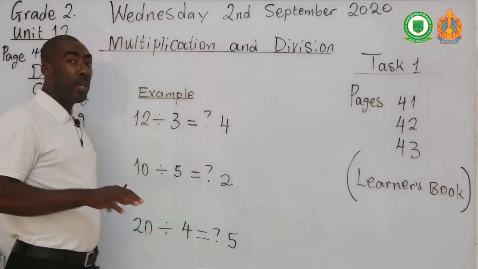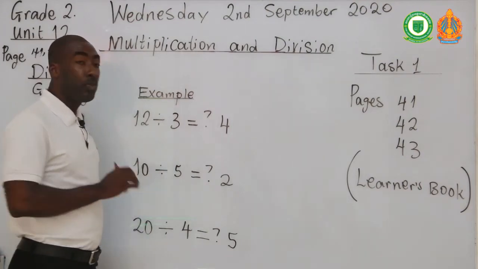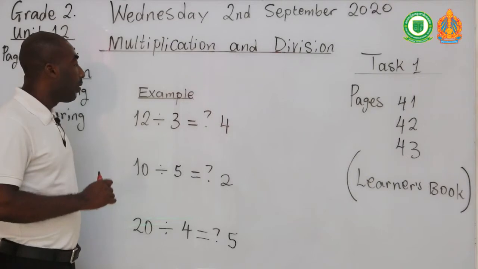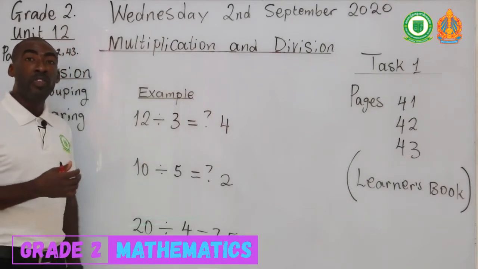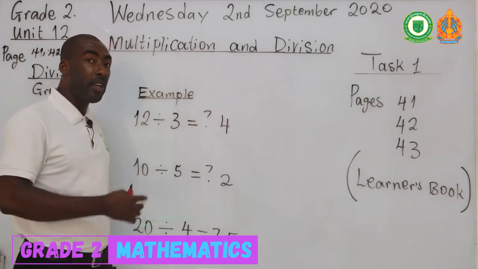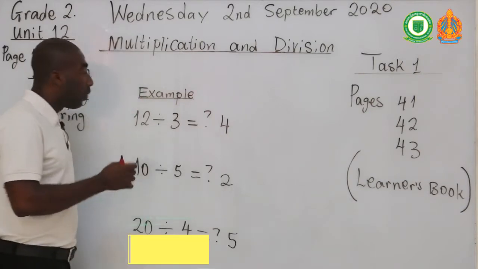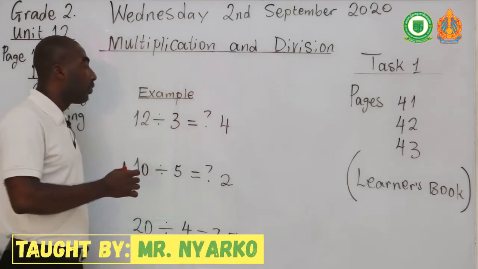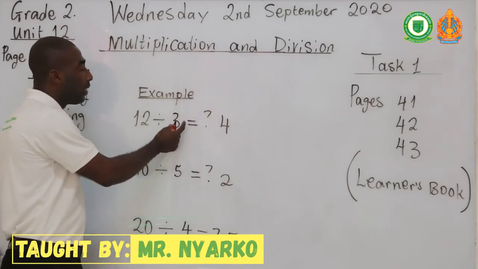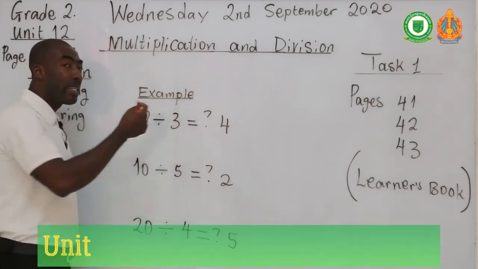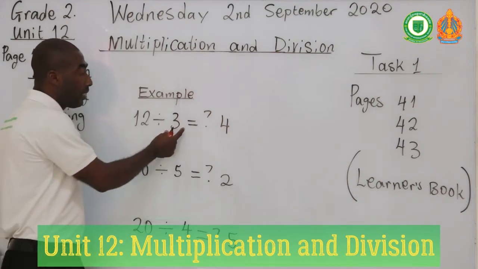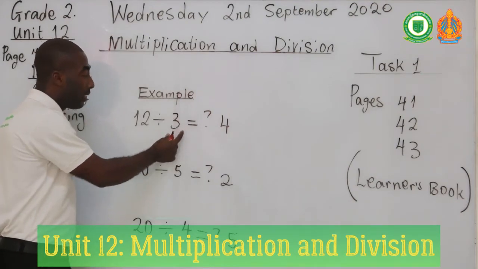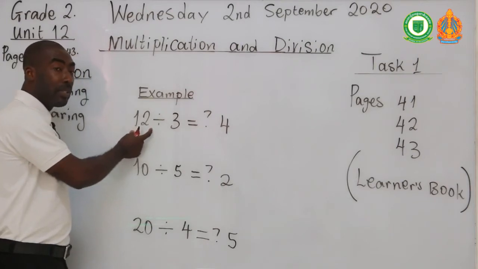One other way that I also want to show you today is that whenever you have a division like this and you want to find the answer very quickly, you have to ask yourself: 3 times what number will give you 12, okay? So this is the subject and these are the items that you are dealing with.